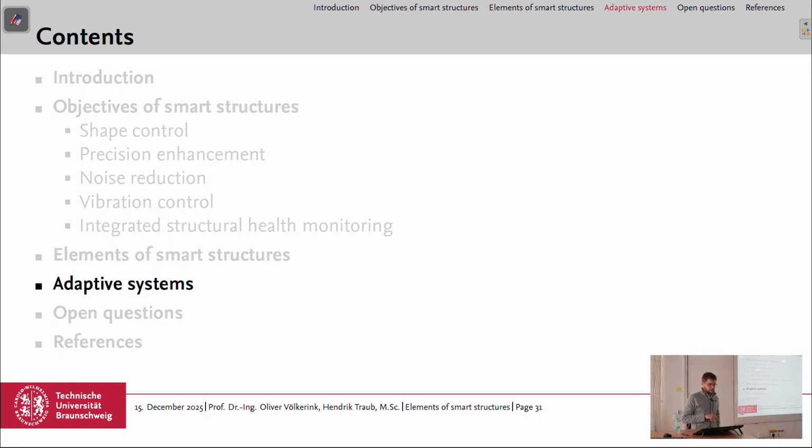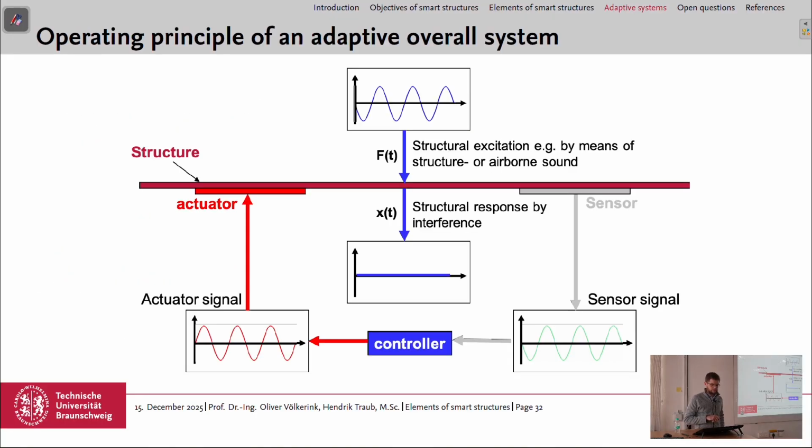So now we will have a look at adaptive systems. A schematic of the operating principle of an adaptive system, or the overall system. We already saw it in different examples, but you have a load-bearing structure, which is also the difference to mechatronics, that actuators and sensors are integrated into the load path.